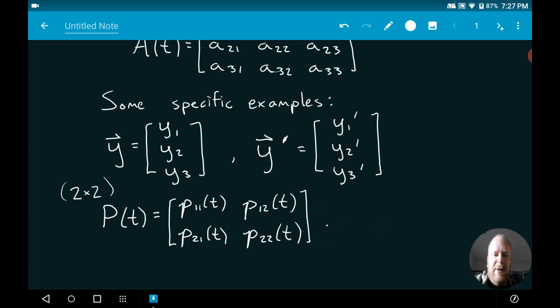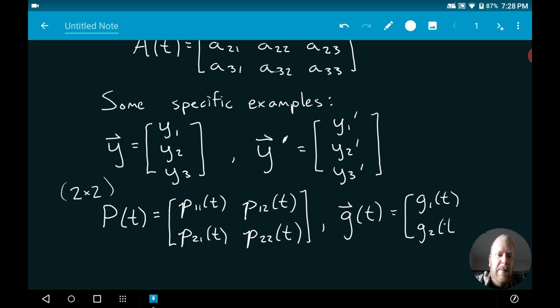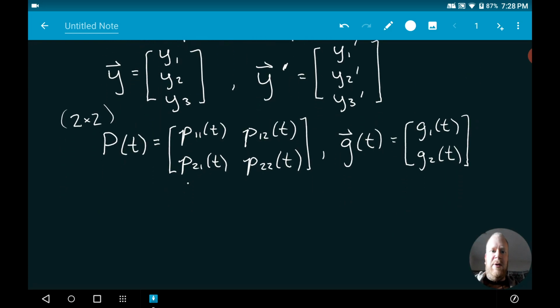Our g of t in this case, so that's similar to our g of t that determines whether something's homogeneous or non-homogeneous. This is going to be now the g vector, so that's going to consist of a g1 and a g2. And that would be for our 2 by 2 case. Just take an extra look at these before you dive into this chapter. Knowing how to move in between these 2 forms is going to be really helpful.